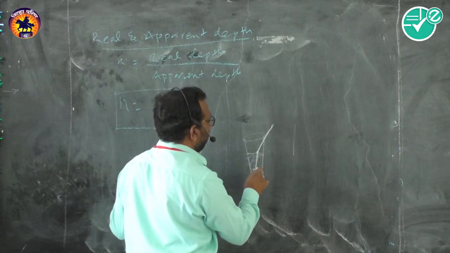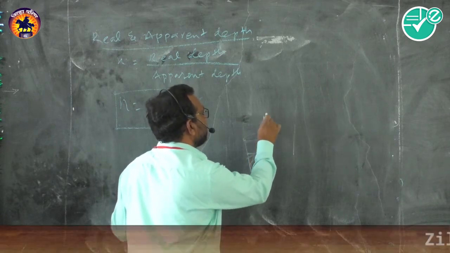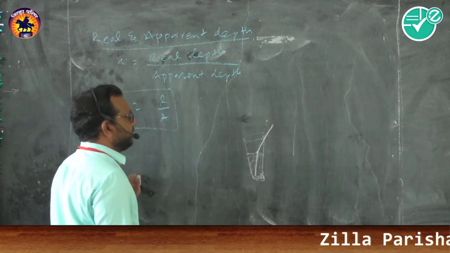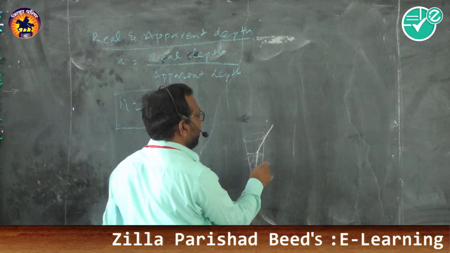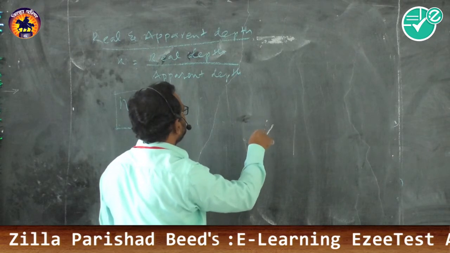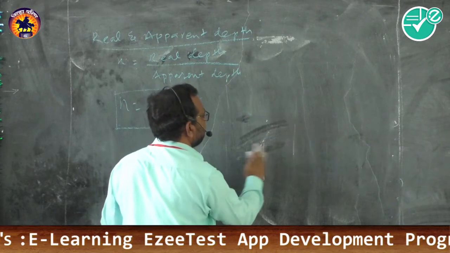The pencil's light is diverging from its original direction. So where it really is and where we feel its position to be is called the apparent position.